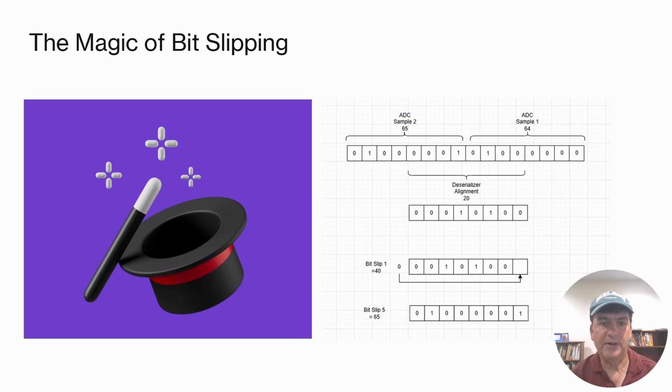The resulting parallel output could be something meaningless, for example 20 in decimal. But if we barrel shift the 8 bits 5 times, the output becomes 65, matching the second ADC sample. That shifting process is the bit alignment in action. It works even though the two words overlap. Again, only because the analog input changes slowly relative to the ADC sample clock.